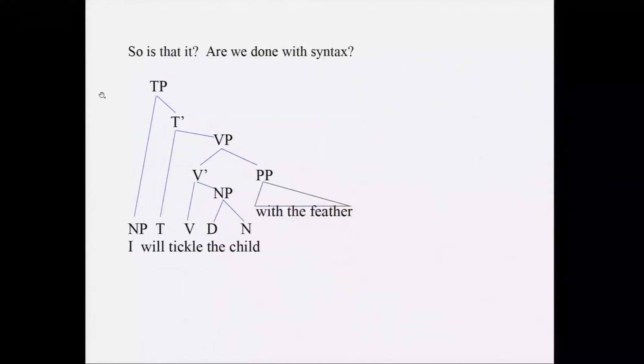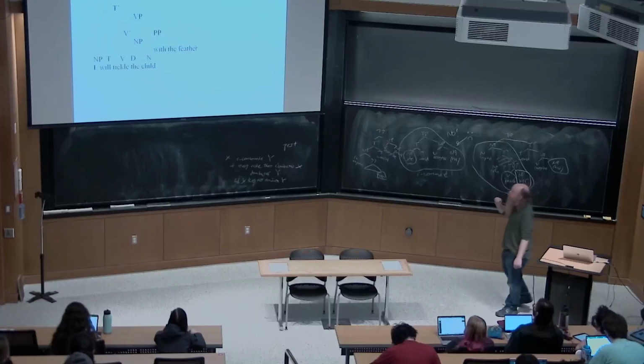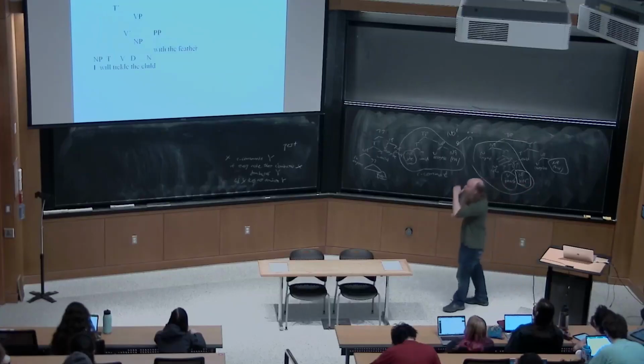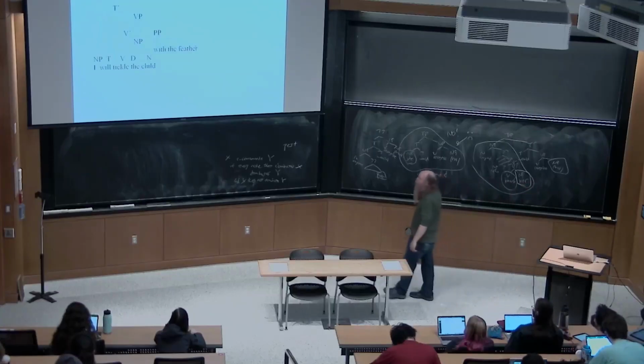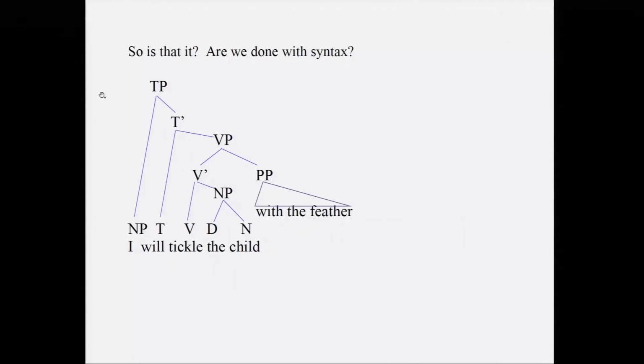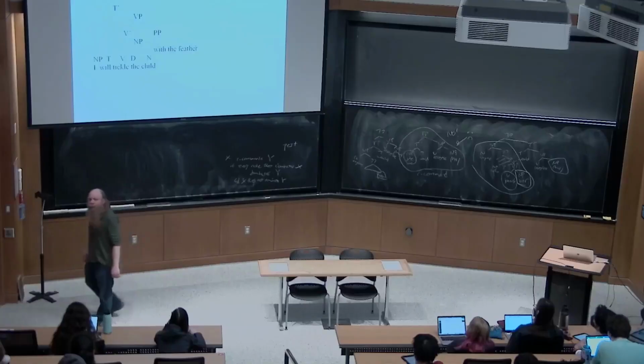Okay, so are we done with syntax? We now have this belief in selection, which is allowing us to explain why certain pairs of things are merging in the way that they are. So in this example, I will tickle the child. When we ask, why did you merge tickle together with the noun phrase the child, we now have sort of an answer.